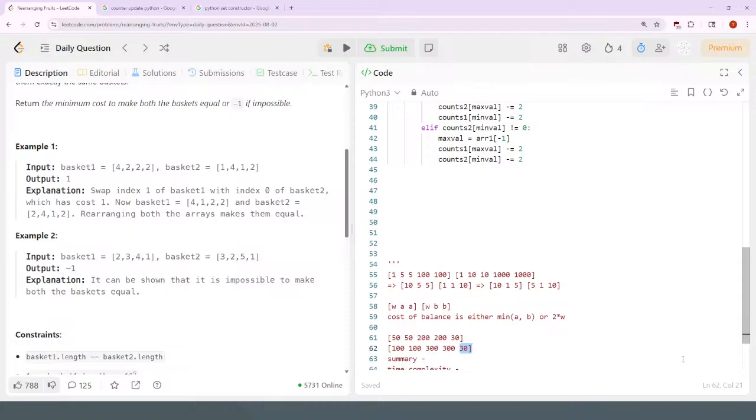So let's say there was some other stuff that was somewhat in between. Like let's say there was a 40, 40, and a 45, 45, right? I want to balance the stuff using the 40 and the 45 rather than 2 times 30. So what if the 40 and the 45 were on the same side?